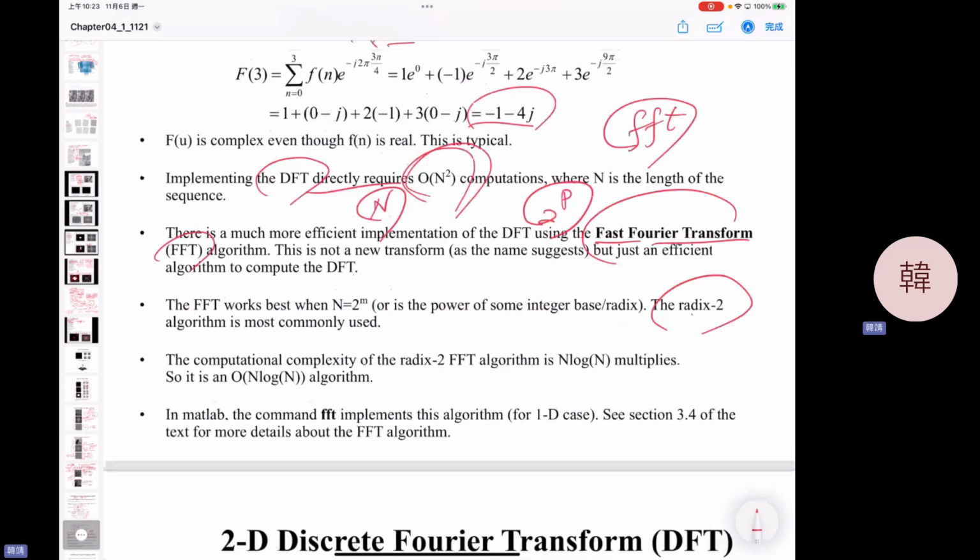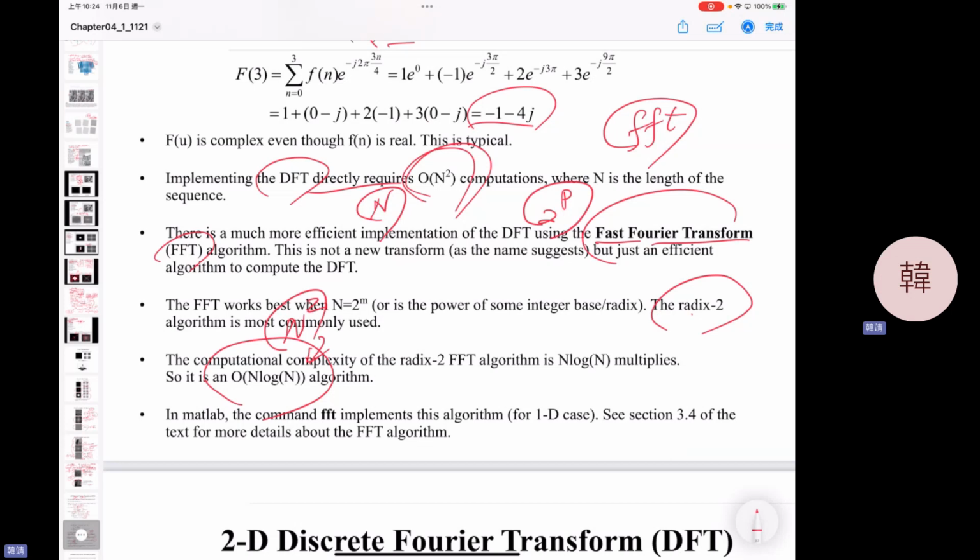So it is very efficient to perform the Fourier transform. The computational complexity decreases from N squared to order N log N, so it becomes very efficient.